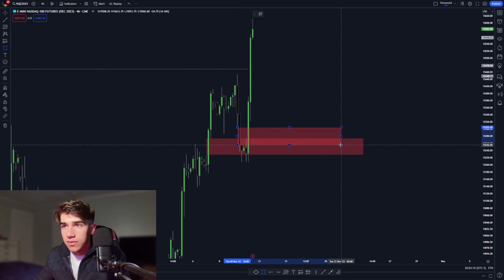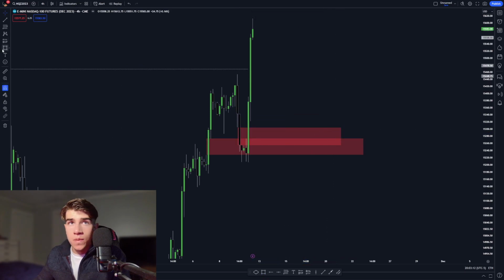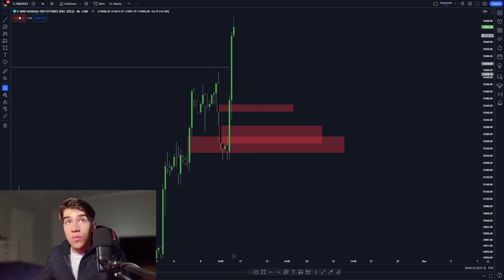It violated these two bearish P arrays, okay? Keep in mind, this is the 4-hour time frame. We violated two bearish fair value gaps in the same 4-hour candle. Huge displacement, right? What does that tell me? Well, that tells me that this high is almost, without a doubt, getting taken out, right?